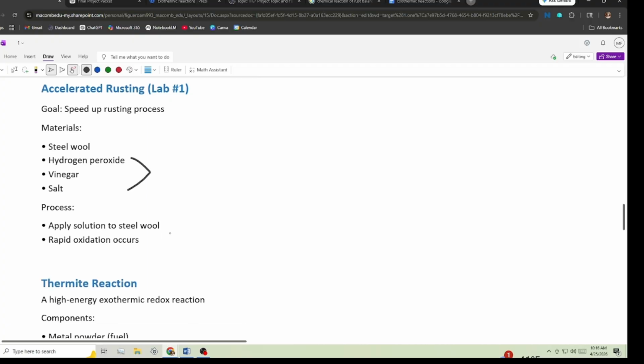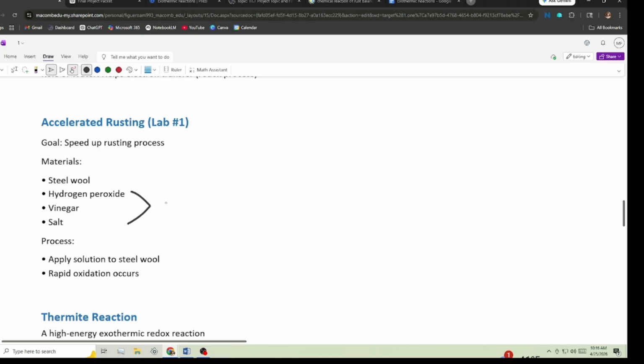Then we're going to see when this solution mixes with the steel wool, which is our iron, we're going to get a very, very hot rust, which hopefully is going to allow some steam.